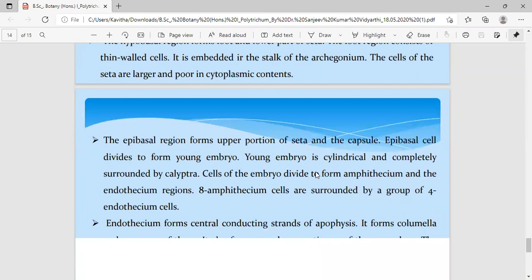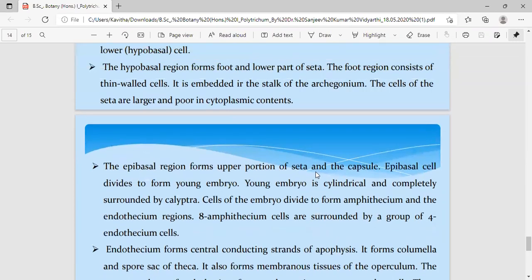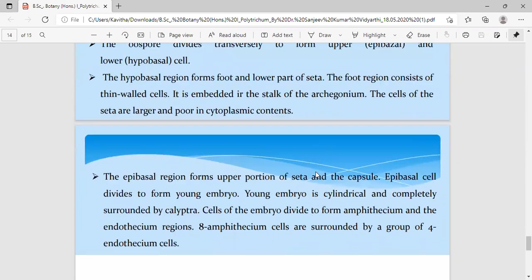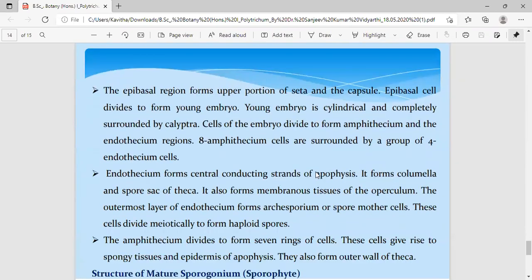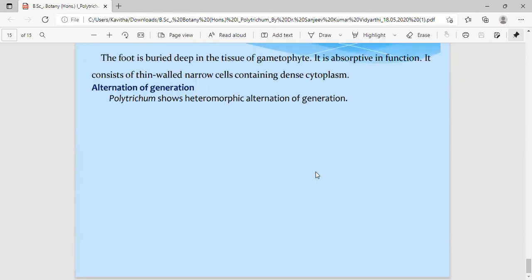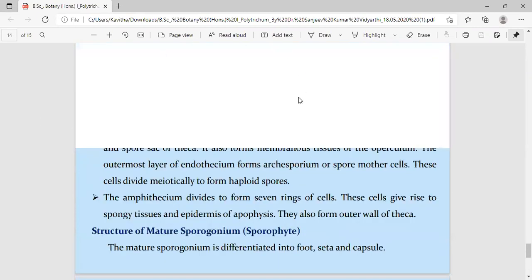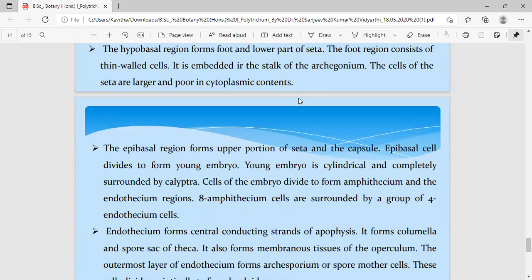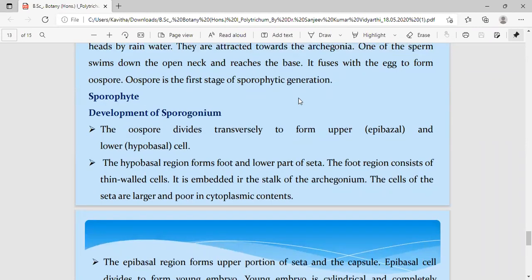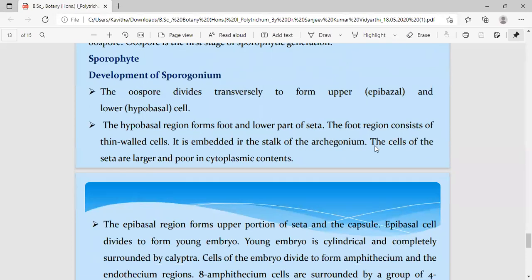Here the zygote will develop into a well-developed sporophyte of the Polytrichum, which is a complex structure as compared to Marchantia and Anthoceros. The structure of the sporophyte, we'll look into in the next class.